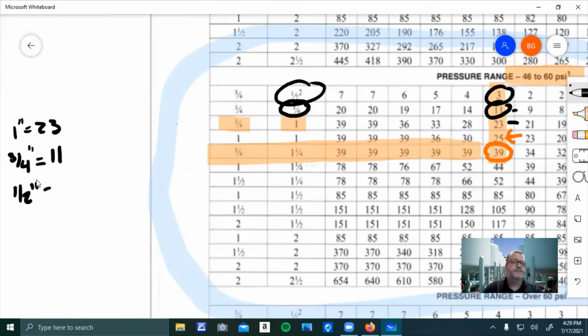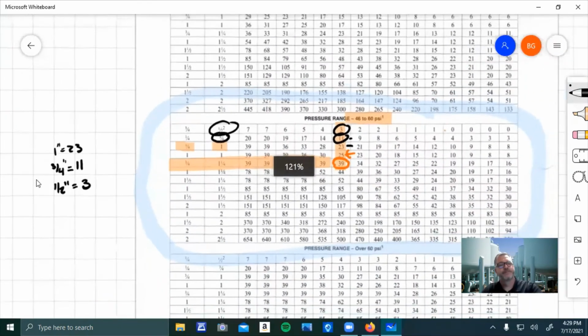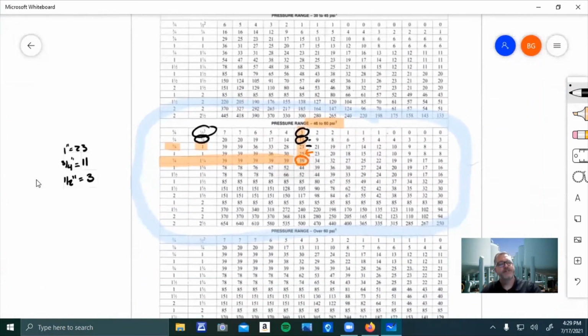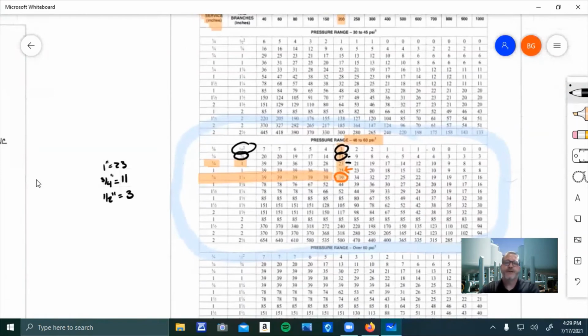So in this case, a system with a pressure range between 46 and 60 psi, with a total distance between 150 and 200, in our case 156 feet. So you have 156 feet, you have a pressure range that's right in there between 46 and 60. These are our fixture unit values with the size and the meter that's provided, okay?